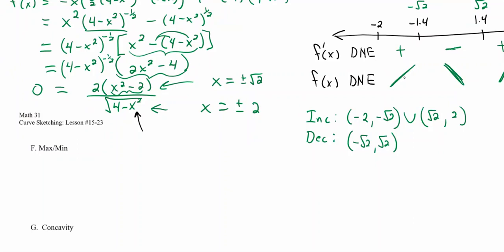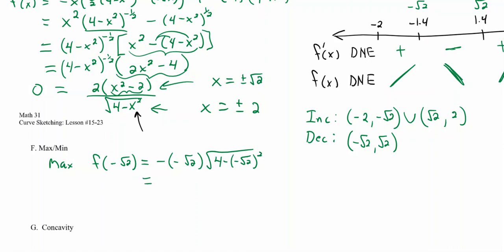All right, so it seems pretty obvious where our maximum must be. It's got to be at negative root 2. So let's do our max. It's going to be at f of negative root 2, which is equal to, throwing it into the original function, negative root 2 times the square root of 4 minus negative root 2 squared.